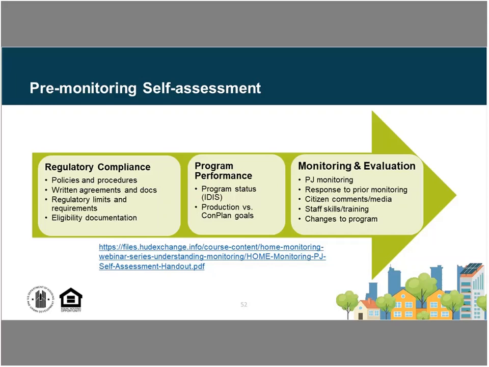And then comparing where am I with my production goals versus what I laid out within my con plan and my action plan, because that's going to be part of HUD's evaluation of your program.